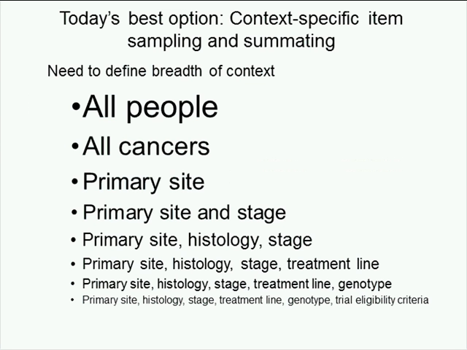Now, today's best option for coming up with the right set of questions, what are the domains to choose in a trial to make sure that they're context specific, forces us to define upfront the breadth of the context that we're talking about. So, for example, do we want our questionnaire or our scale to be relevant to all people?